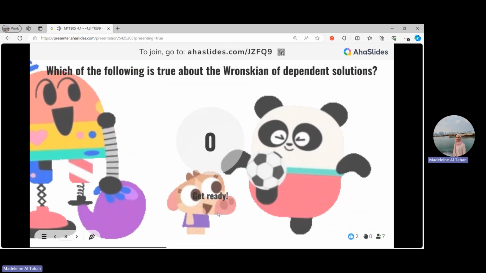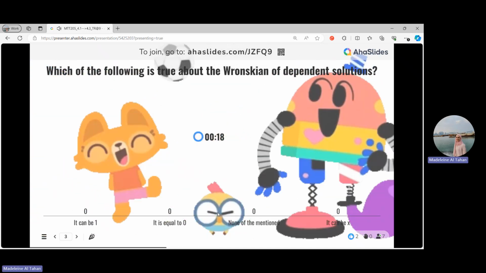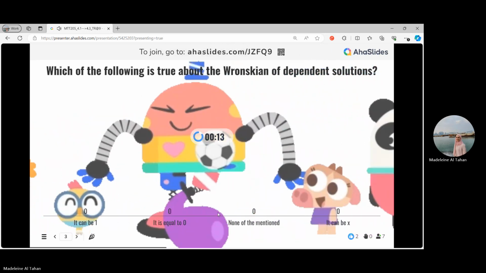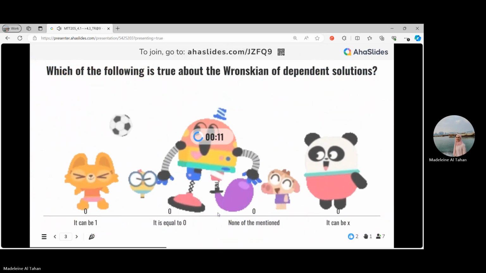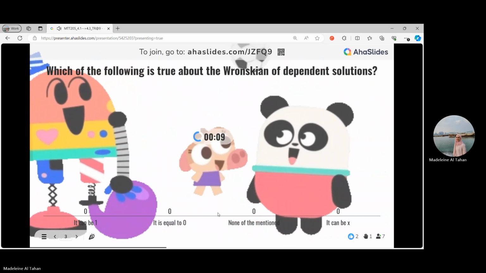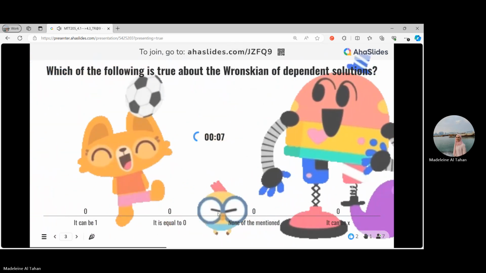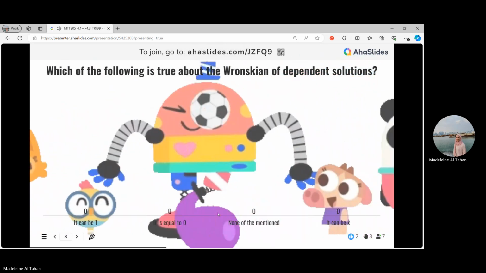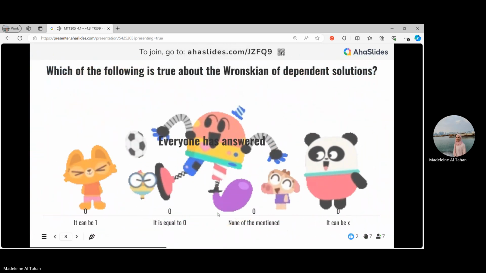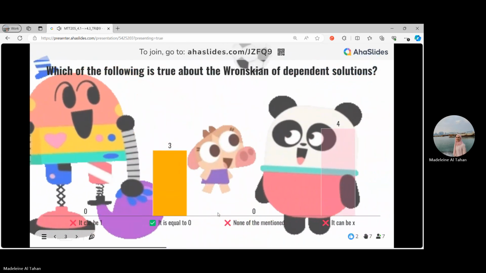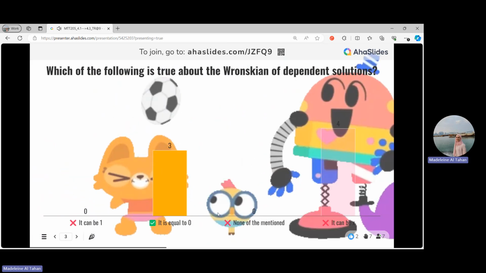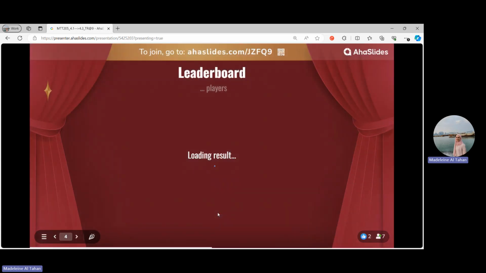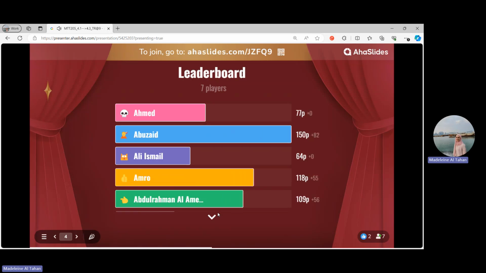Which of the following is true about the Wronskian of dependent solutions? Perfect. Dependent solutions, it can be axis dependent. What should be the answer of the Wronskian? 0.